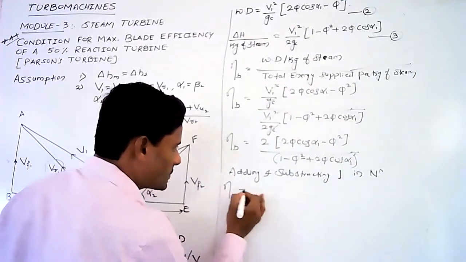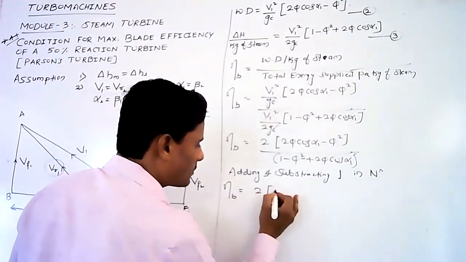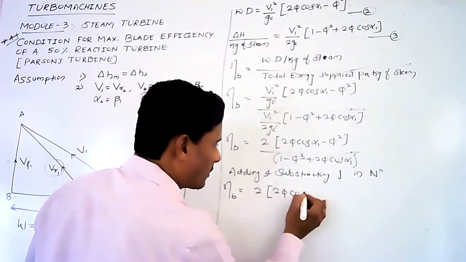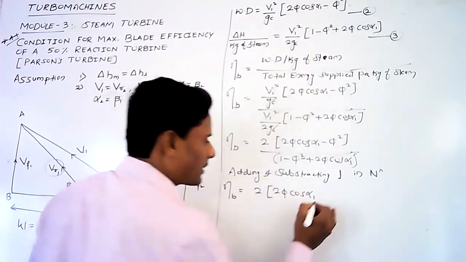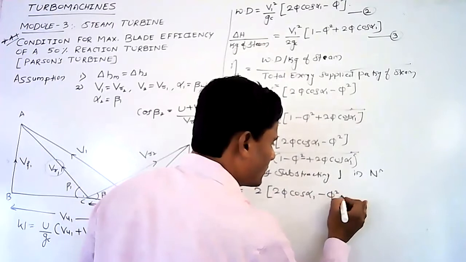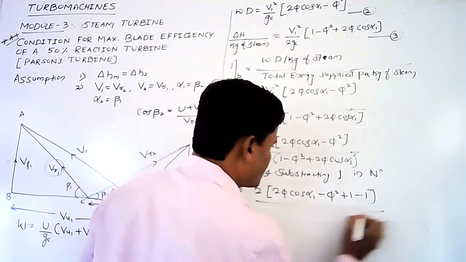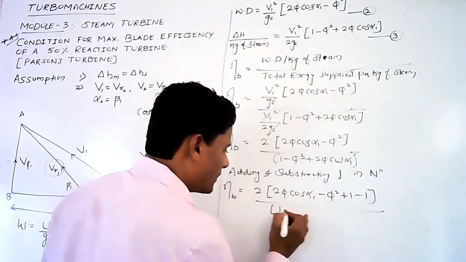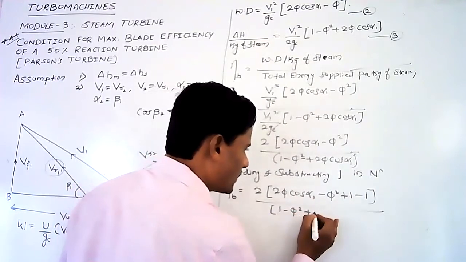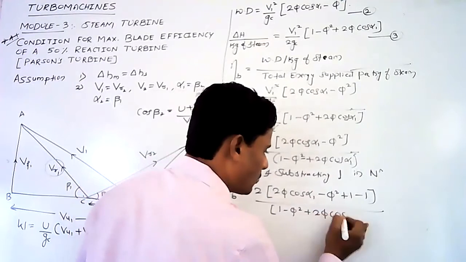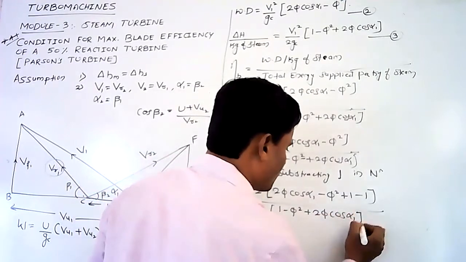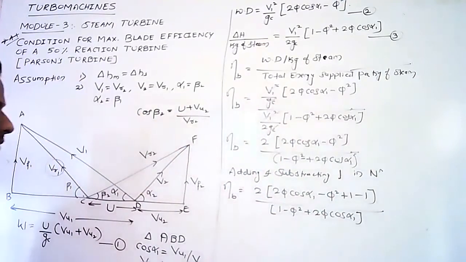So eta B equals to 2 times 2 phi cos alpha 1 minus phi square plus 1 minus 1 divided by 1 minus phi square plus 2 phi cos alpha 1.